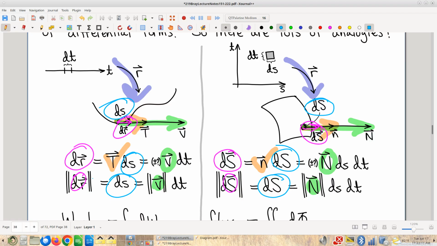And it's the thing whose magnitude is your stretching factor. They play exactly the same roles. So what you understand about the role that velocity plays in line integral calculations is a tip of how you should think about the role that capital N plays in flux integral calculations. So again, it's a learning tool in that sense.